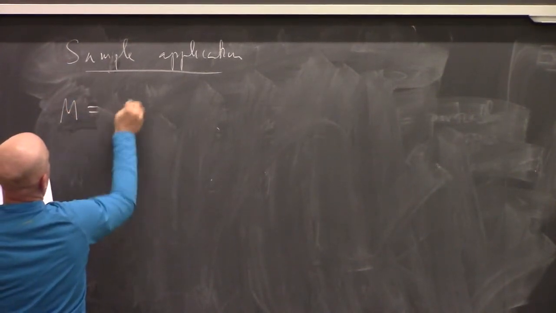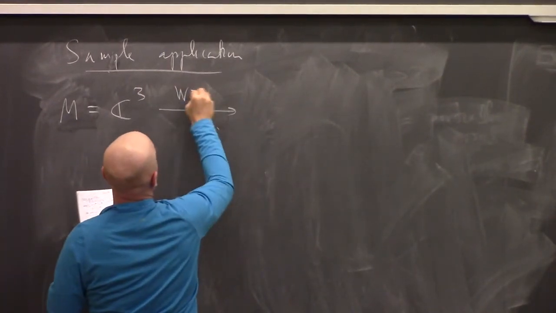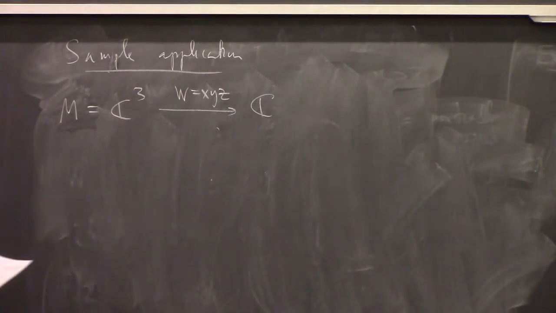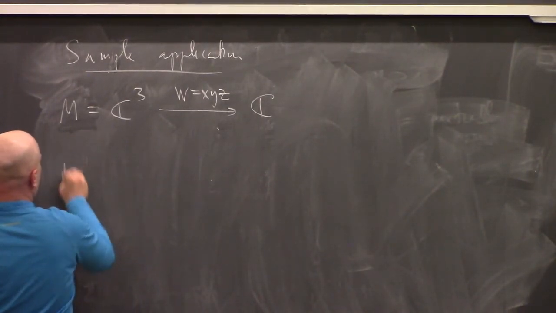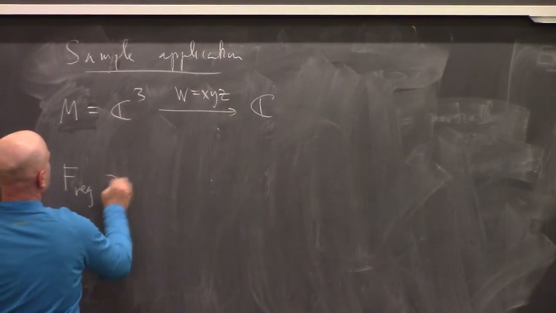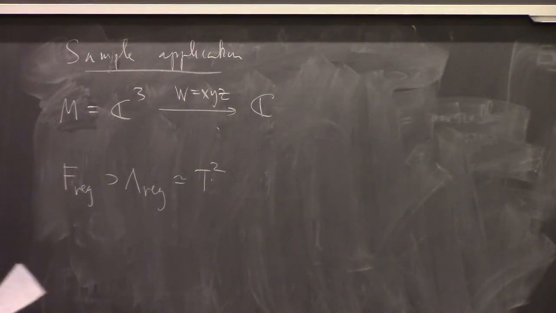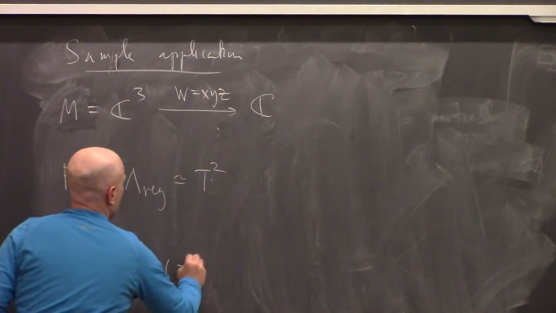Okay, so let's have M be C3 and W be the superpotential XYZ. I'm trying to make things as simple as possible. Let's take lambda regular to just be the 2-torus. Okay? And then we'll take lambda equal to the cone over the 2-torus.